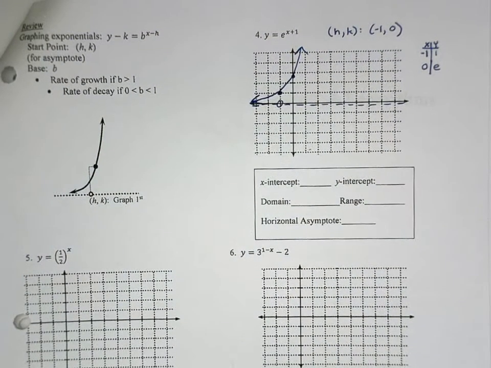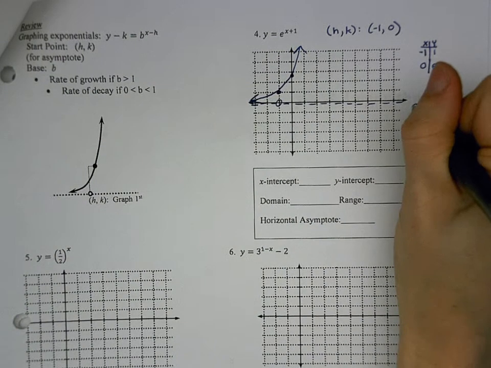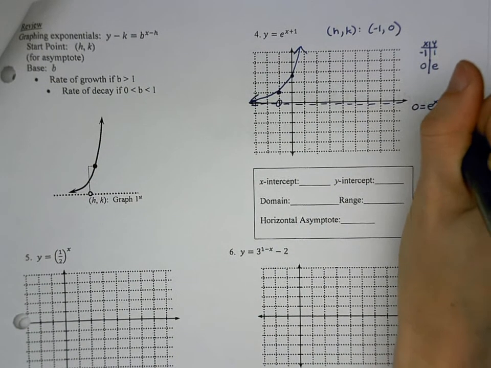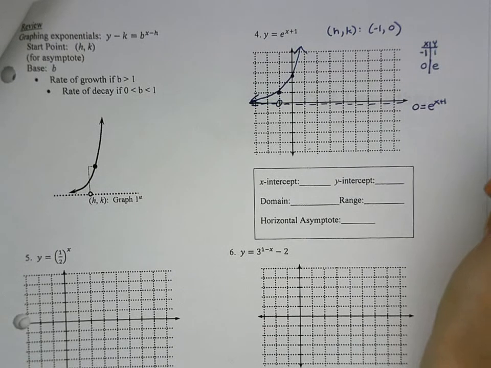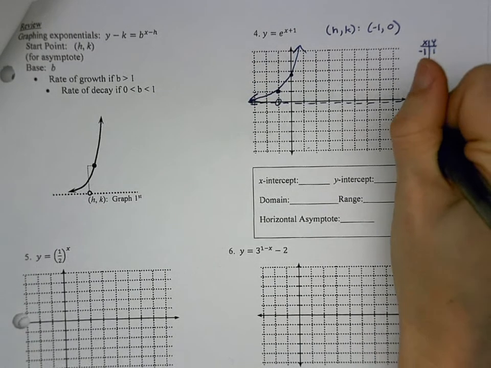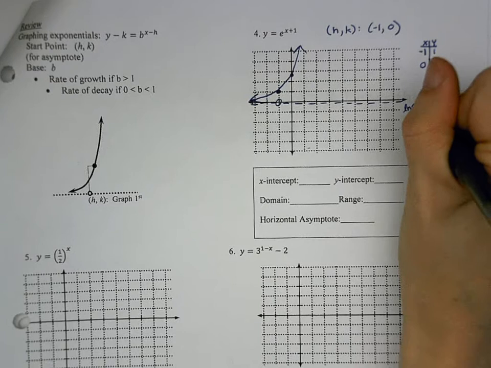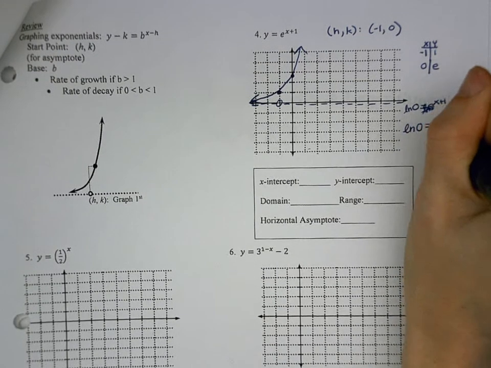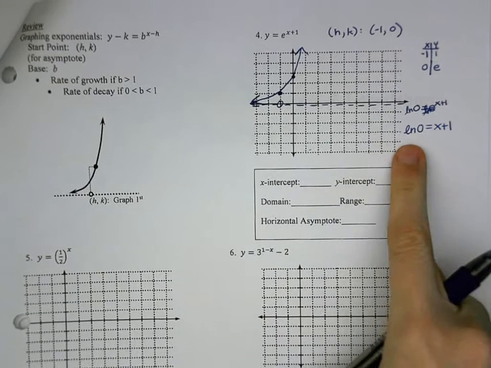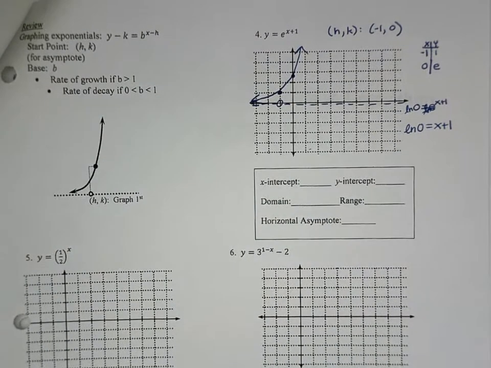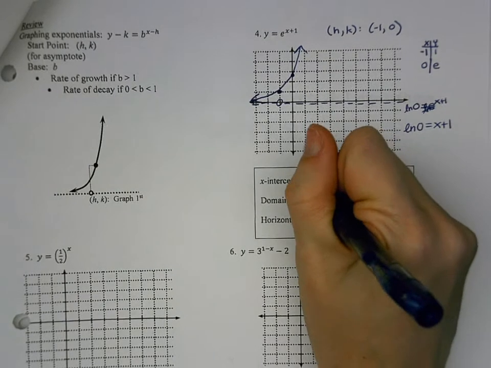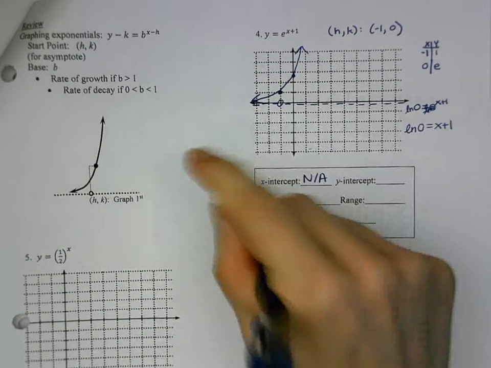Okay, x-intercept is when y equals 0. So we have 0 equals e to the x plus 1. If I did the inverse operation of e, that would mean natural logging both sides, so the natural log and e can cancel. And we have natural log of 0 equals x plus 1, but I cannot take a natural log or any logarithm of 0, and so that tells me that I have no x-intercept, which is confirmed by my graph.